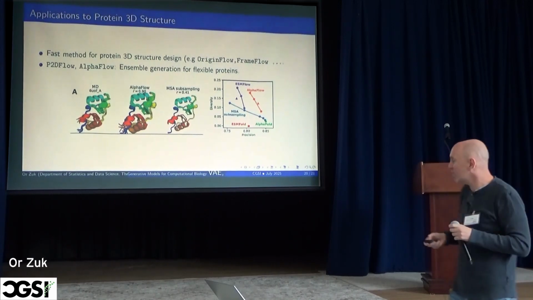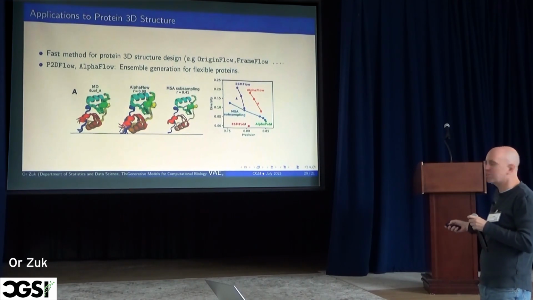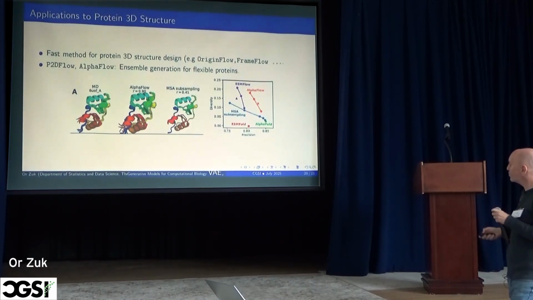So we see here another application of flow matching for predicting ensembles of proteins. And this is just one example, and you can see here a more systematic benchmarking. You can benchmark this method by precision, how well they predict the original structure, and diversity. So do they predict the ensembles? And you see this particular method is here.